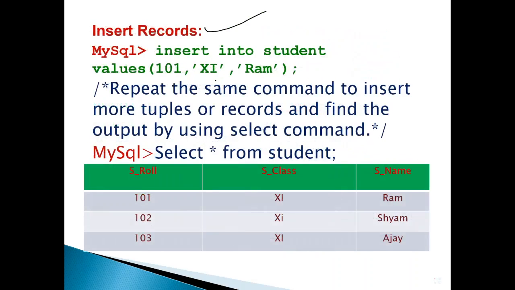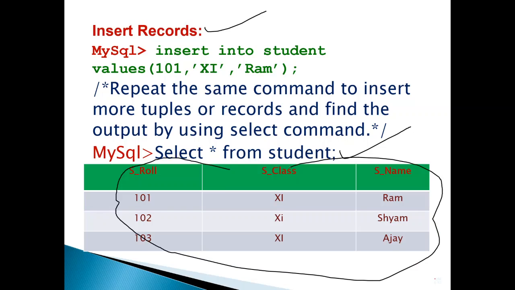Now how will we see the records from any relation? The information or records from any relation can be viewed with the help of the select command. Select star from student, then it will display all the records which are stored in this student relation.